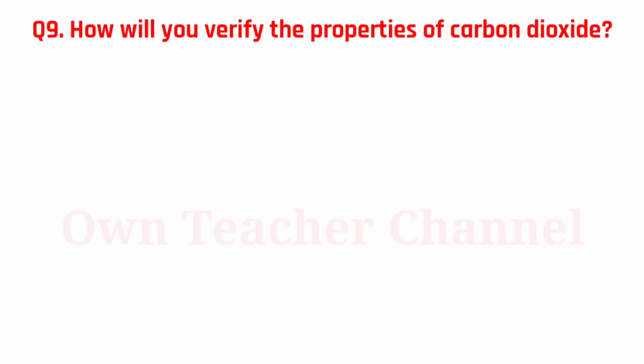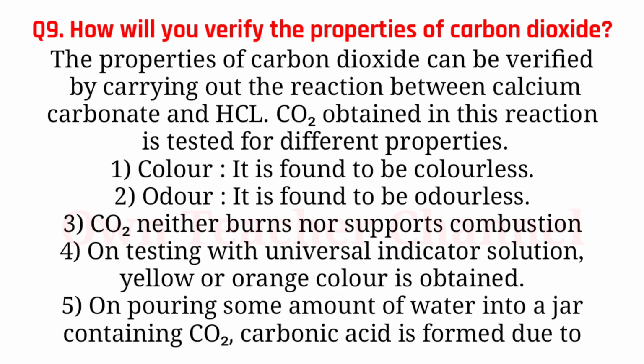Question 9. How will you verify the properties of carbon dioxide? The properties of carbon dioxide can be verified by carrying out the reaction between calcium carbonate and hydrochloric acid. Carbon dioxide obtained in this reaction is tested for different properties. 1.